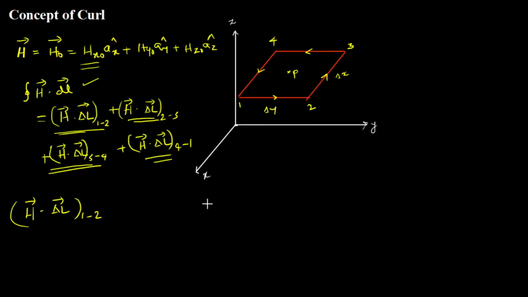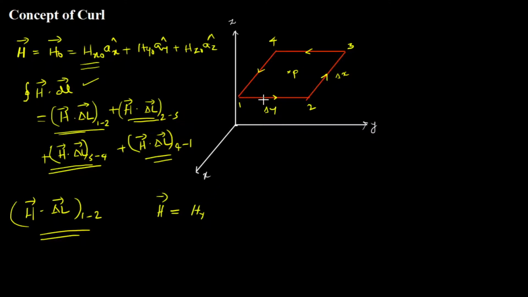Okay, so the line integration of the first path. So I am going to calculate this now. I should know what is the H vector, or how to represent the H vector for that path. Can I represent the H vector for that path as Hy? Okay, I can easily represent it as Hy, because it is in the y direction.